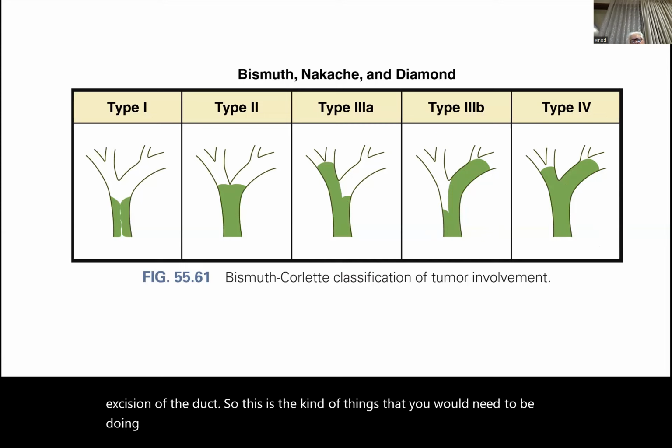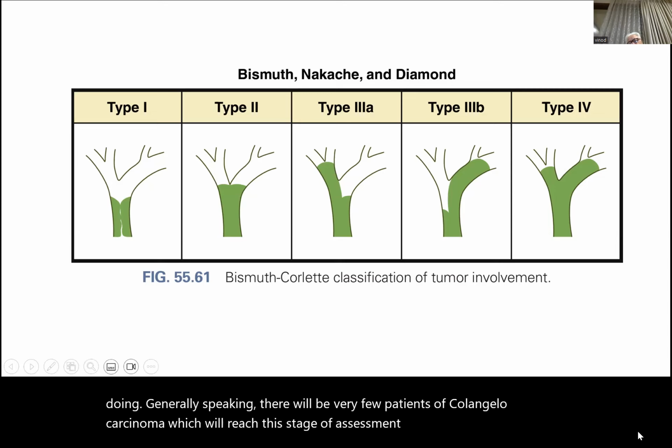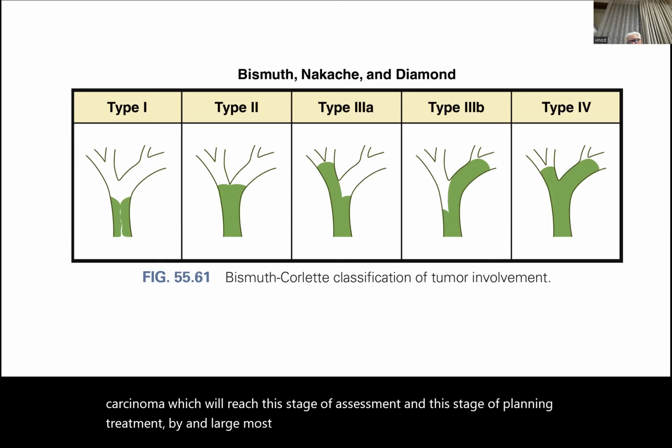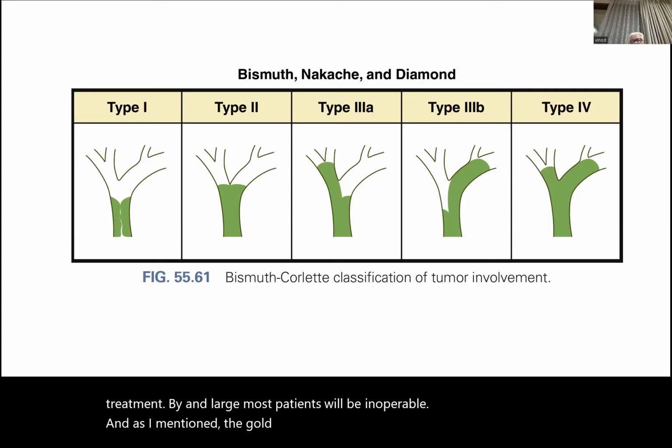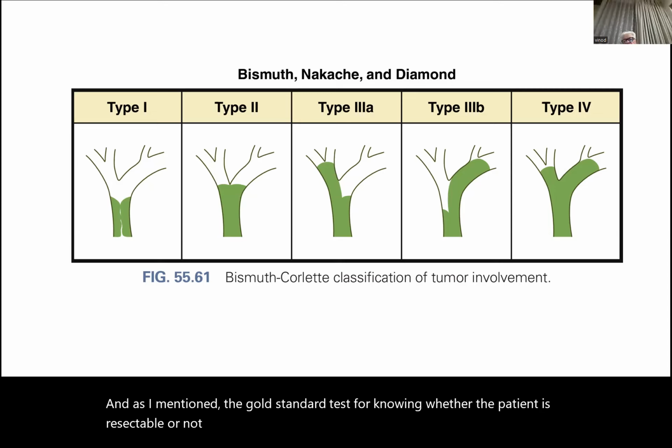Generally speaking, there'll be very few patients of cholangiocarcinoma which will reach this stage of assessment and this stage of planning treatment. By and large, most patients will be inoperable. And as I mentioned, the gold standard test for knowing whether the patient is resectable or not resectable is triple phase CT scan.